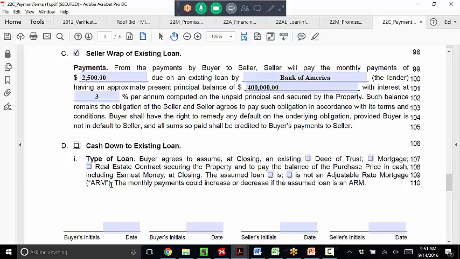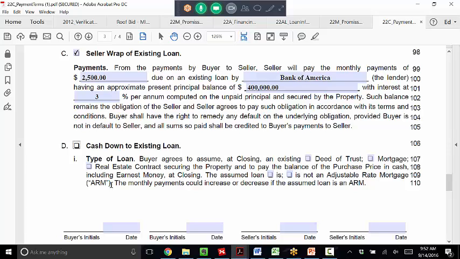Such balance remains the obligation of the seller, and seller agrees to pay such obligation in accordance with its terms and conditions. Buyer shall have the right to remedy any default on the underlying obligation, provided buyer is not in default to seller, and all sums so paid shall be credited to buyer's payments to seller.